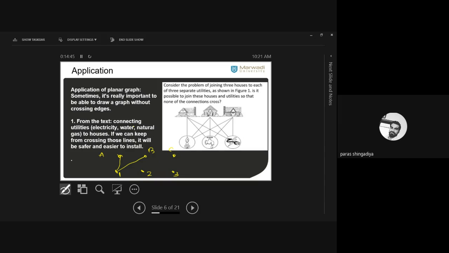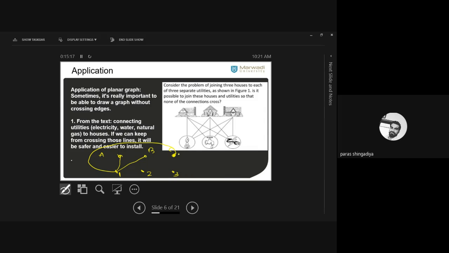Then I connect 1 to C from the outside, the back side of the houses. Now the gas pipeline is applied to all three houses. There is no intersection till now. Now 2 and 3 are remaining, the water pipeline and the electricity.